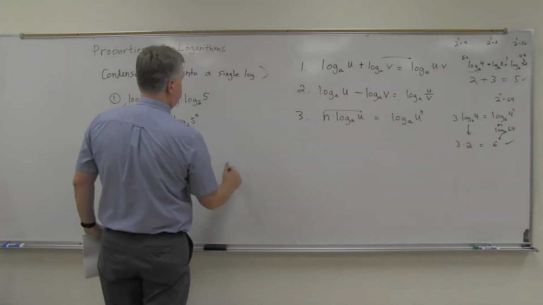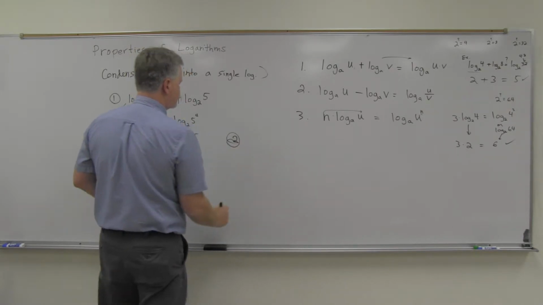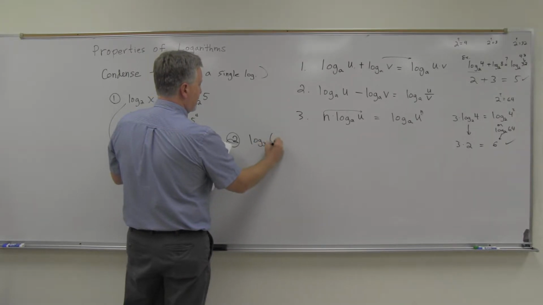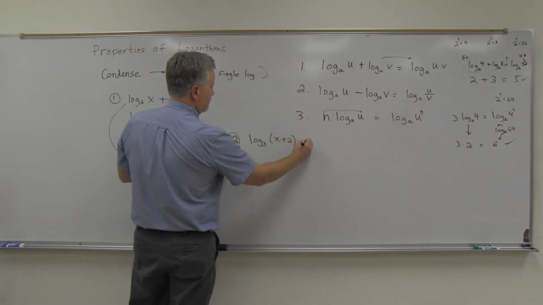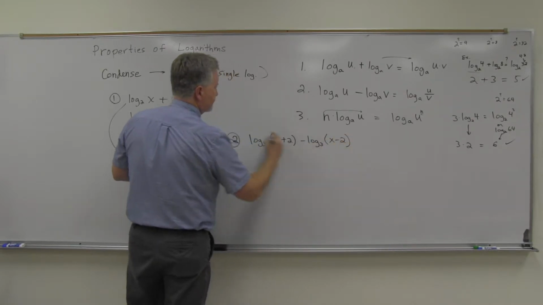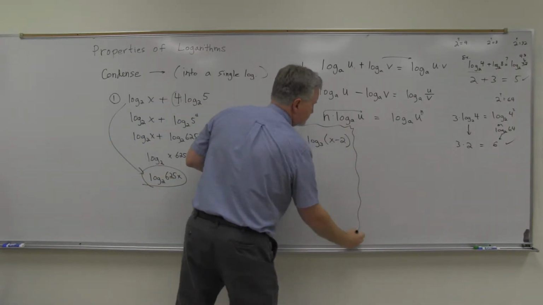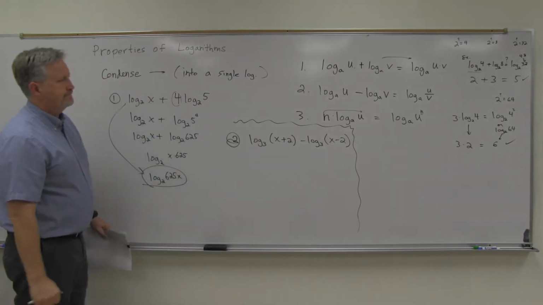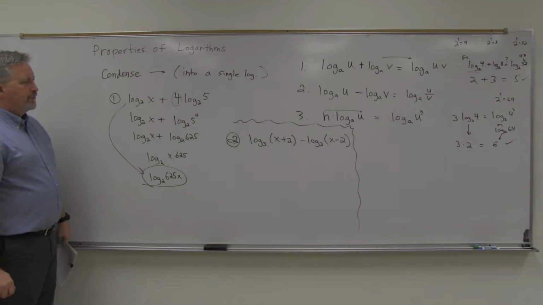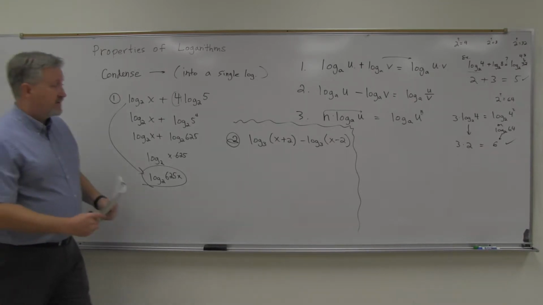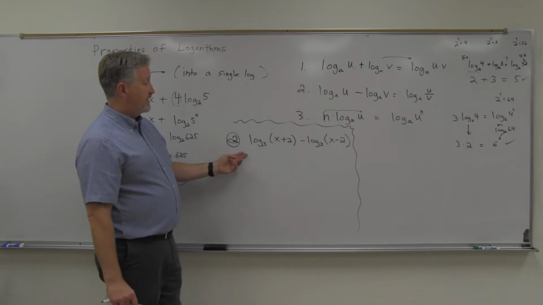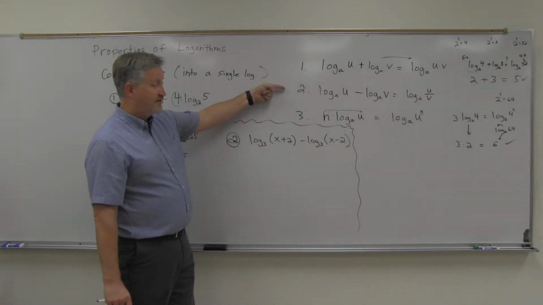All right, number 2. How about log base 3 of x plus 2 minus log base 3 of x minus 2? Well, that's actually a pretty simple one because it's already in the appropriate format. Which property can I use there? Number 2, right?